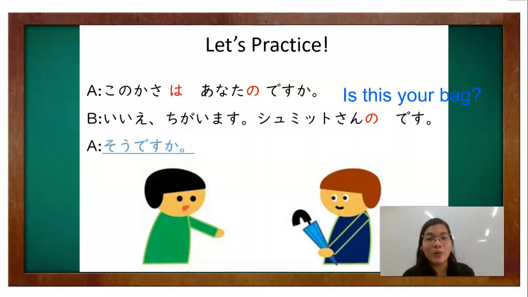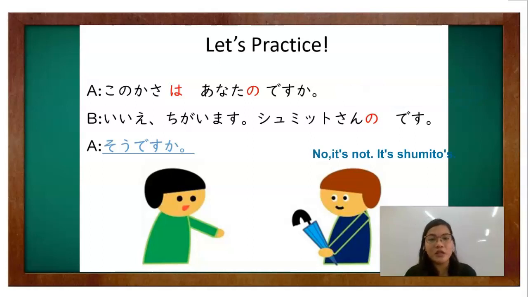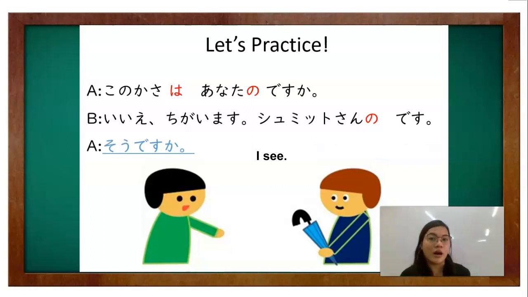Let's practice this conversation. この傘はあなたのですか? いえ、違います。ミラーさんのです。そうですか? That is how you say it. Now let's practice role playing. I will be A and you will be B. この傘はあなたのですか?